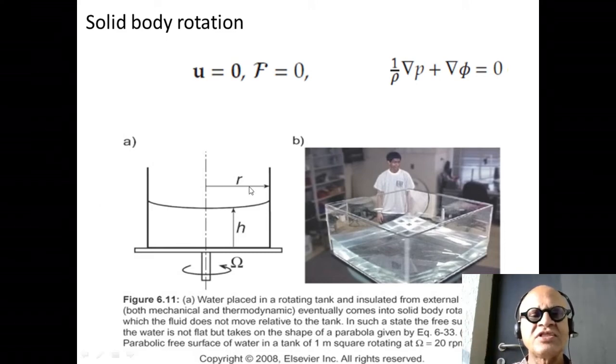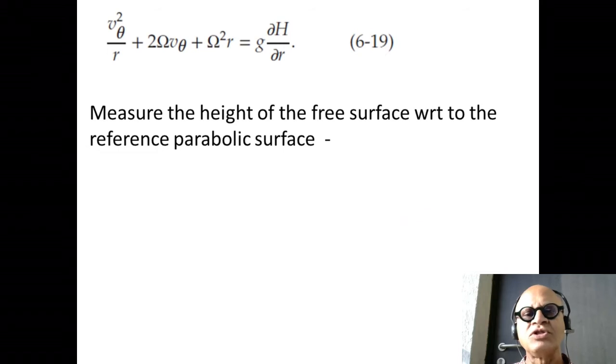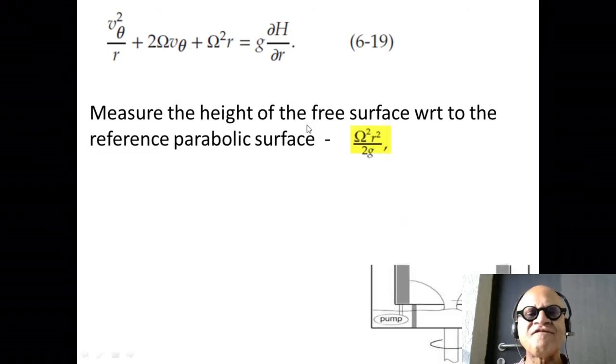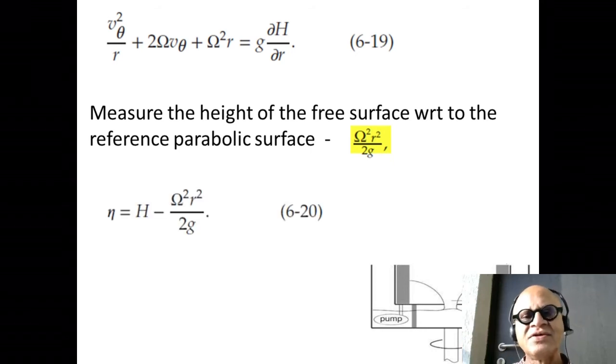In that case you get this parabolic surface, which can be used as a reference surface, which is what we will do here. So measure the height of the free surface with reference to the parabolic surface, which is given by omega squared r squared over 2g. It comes about basically because you have rotation rate omega and then the radius of the tank and the balance needed to maintain this solid body rotation.